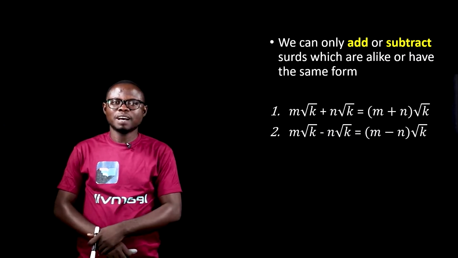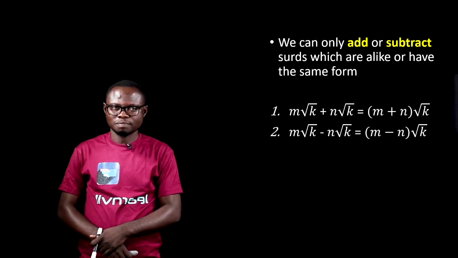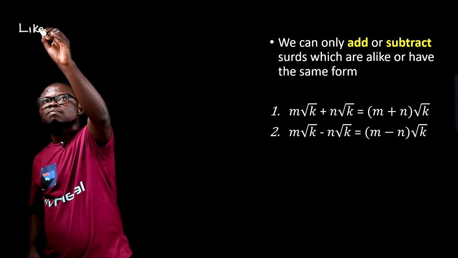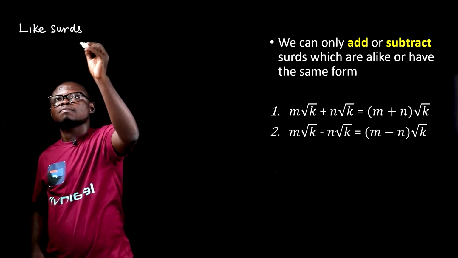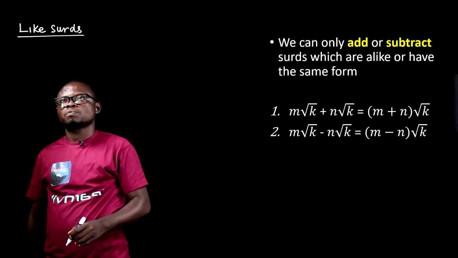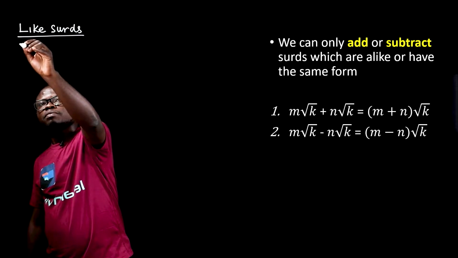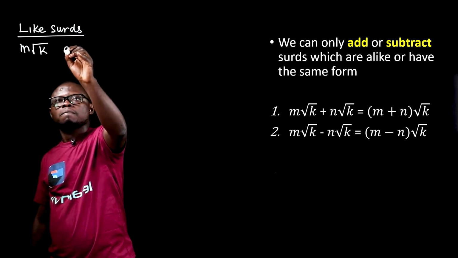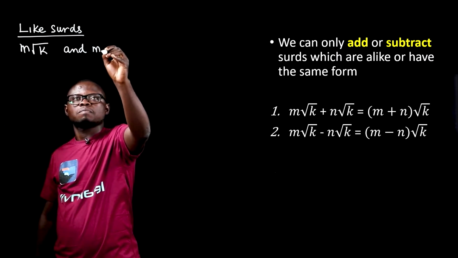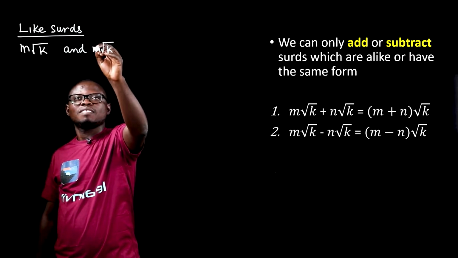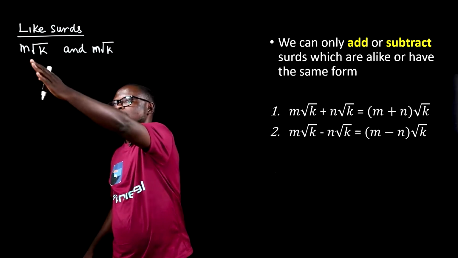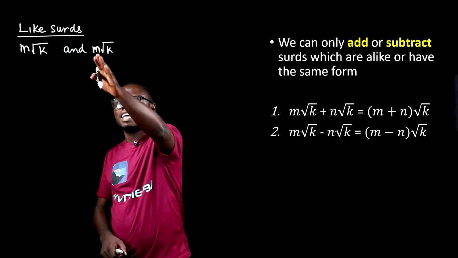Let us identify like surds. Consider these surds, m root k and n root k.